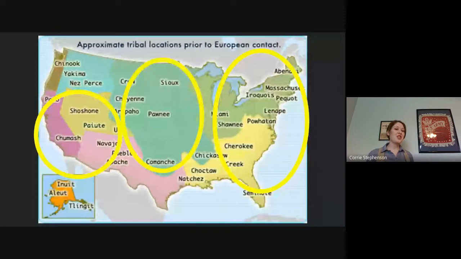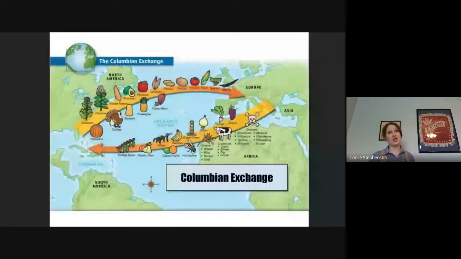There are also exchanges of goods that occur. And this exchange of goods between Native Americans and Europeans is known as the Columbian Exchange. If something were going to turn up on the AP exam, the Columbian Exchange is a good candidate for that, a really good candidate.